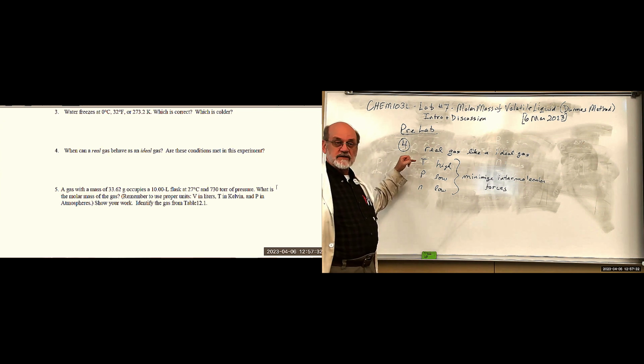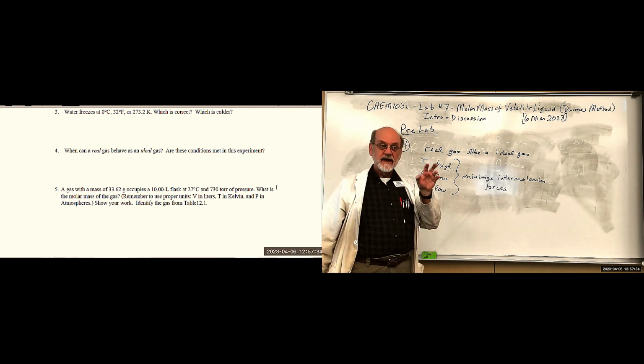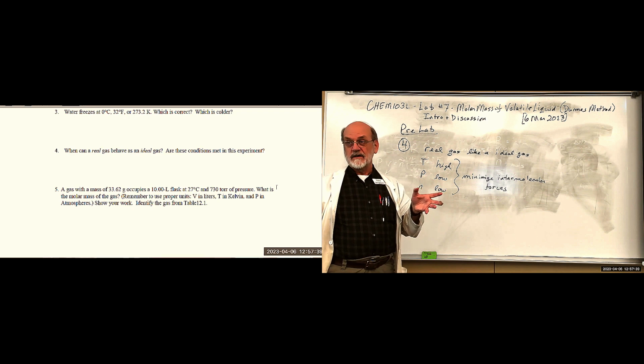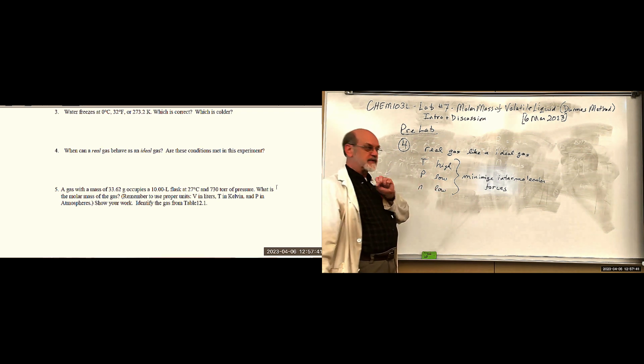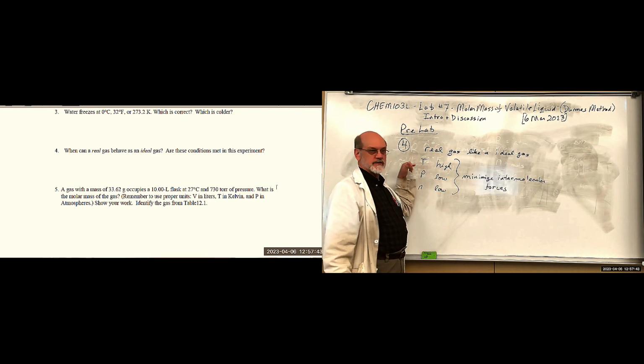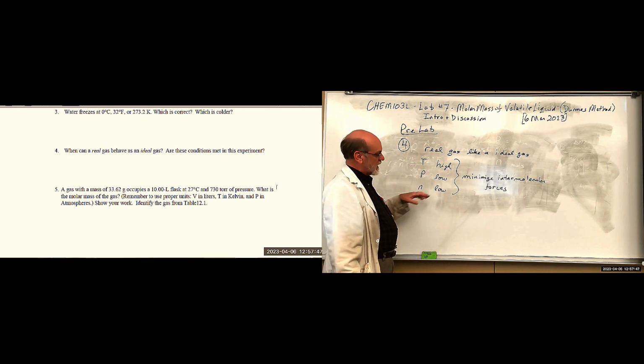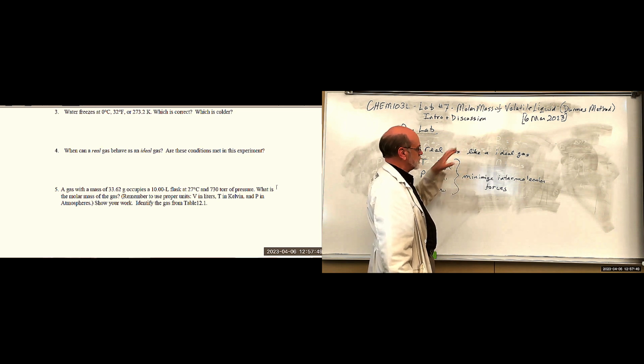And high temperature means they've got so much kinetic energy that when they do impact one another, they're not together for very long, and the energy of impact overcomes any intermolecular forces that may be attracting or repelling. So you minimize these forces, and that gives you ideal behavior.